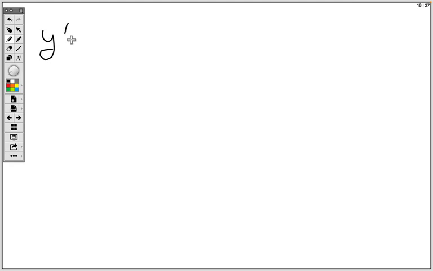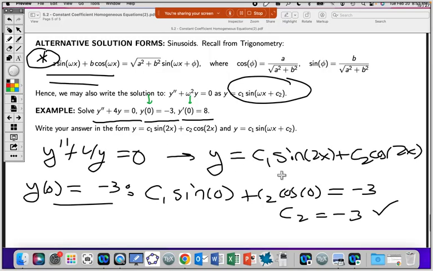And now we look at y prime. So we take the derivative here. Remember, when you take the derivative of the sine and the cosine, what's going to pop out from the chain rule? Yeah, a factor of 2, good.